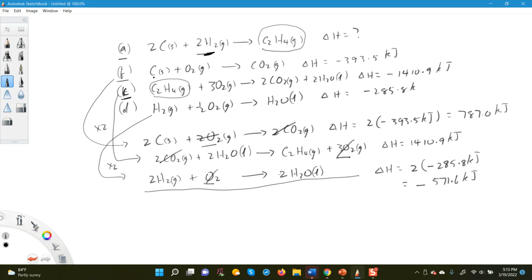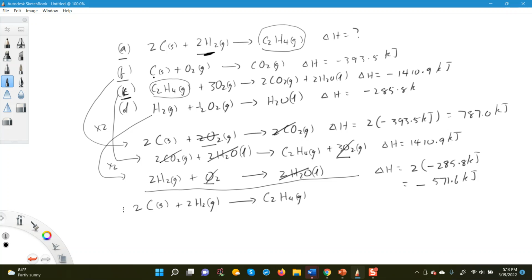What else? These 2 water molecules here will cancel out these 2 water molecules here, okay? And then there's nothing else to cancel, so we just write down what is left. And what is left is 2 carbon solid plus 2 hydrogen gas to form C2H4 gas.